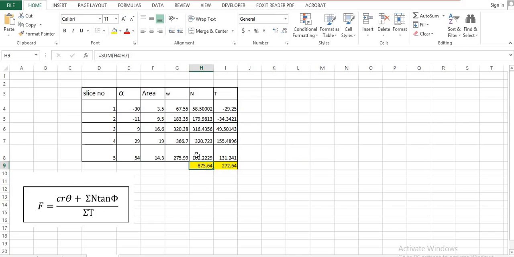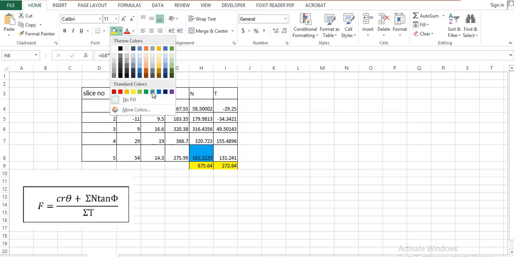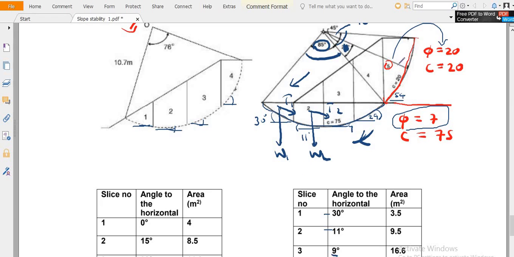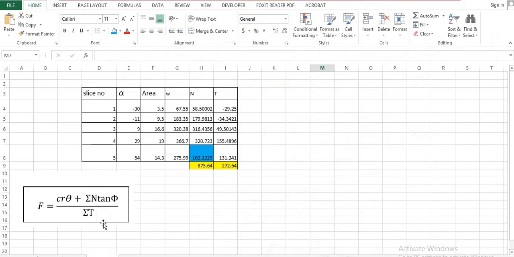So this shows the sum up to the first four slices, and the other one is the lone one, 162, that is slice number 5. So when we apply this equation, tan phi values should be applied separately, right?